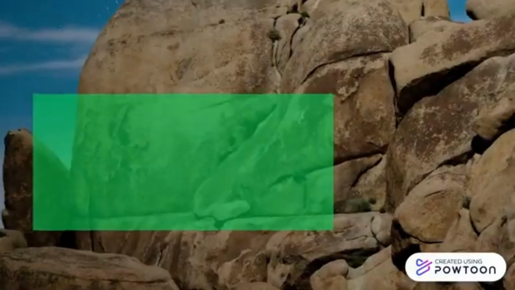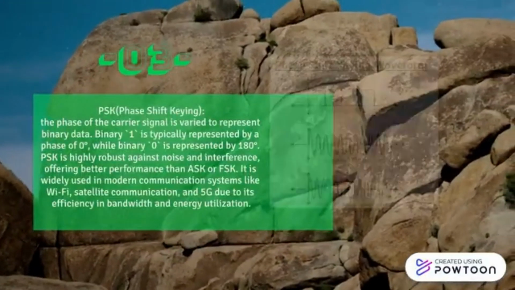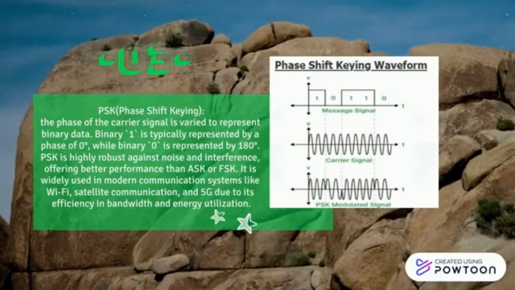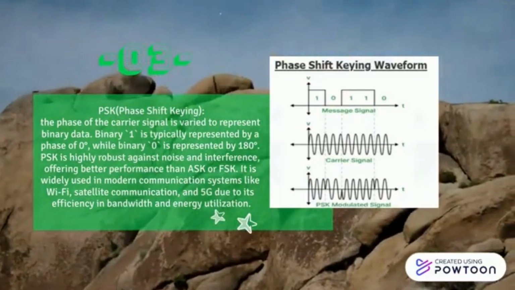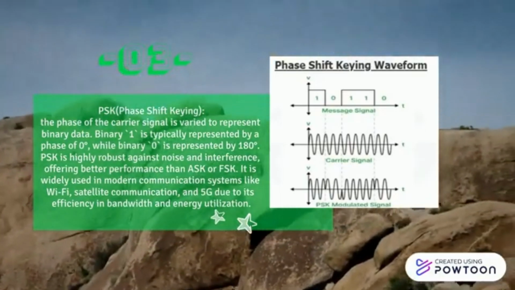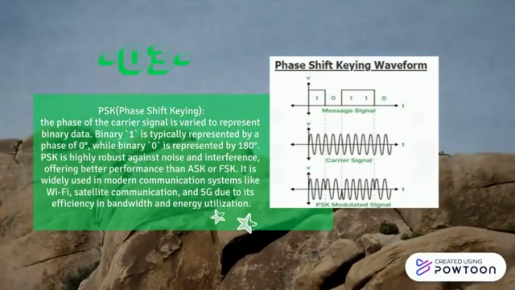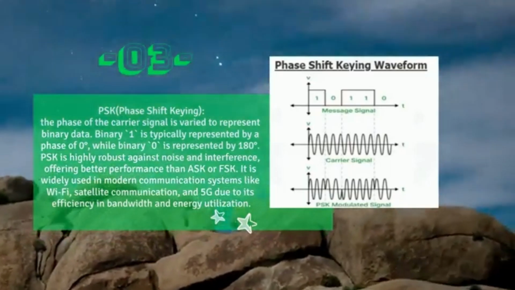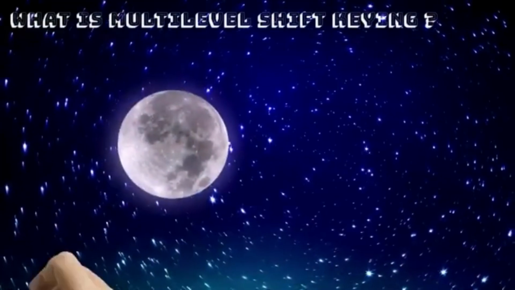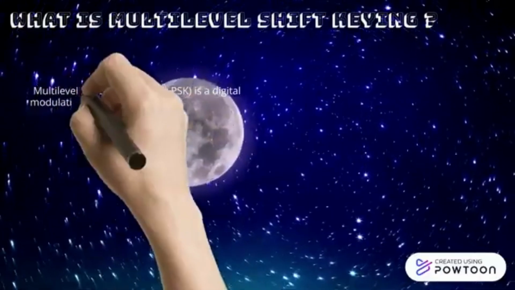PSK, phase shift keying. The phase of the carrier signal is varied to represent binary data. Binary 1 is typically represented by a phase of 0 degrees, while binary 0 is represented by 180 degrees. PSK is highly robust against noise and interference. It is widely used in modern communication systems.